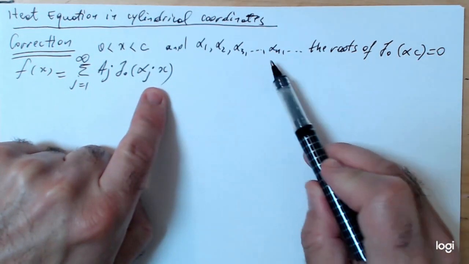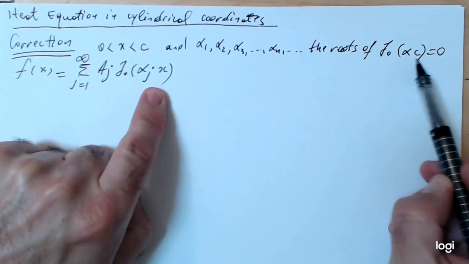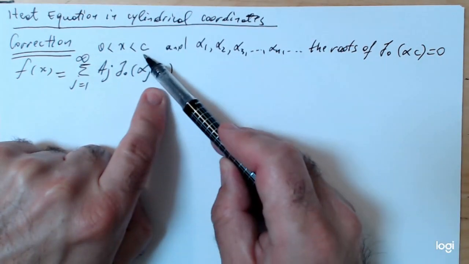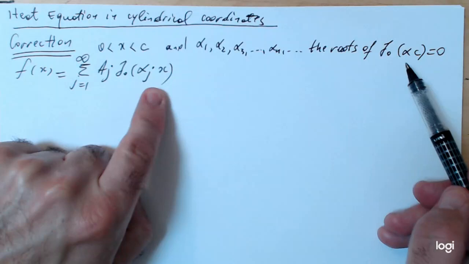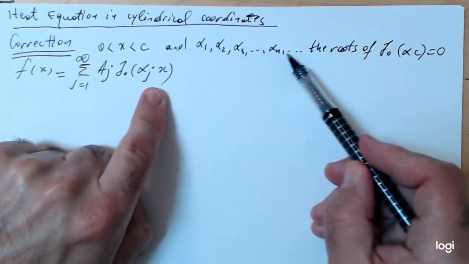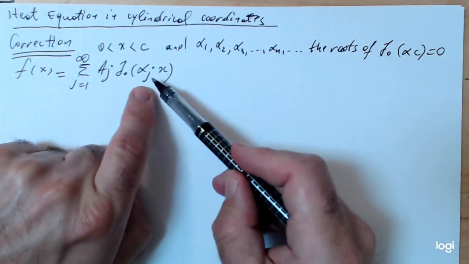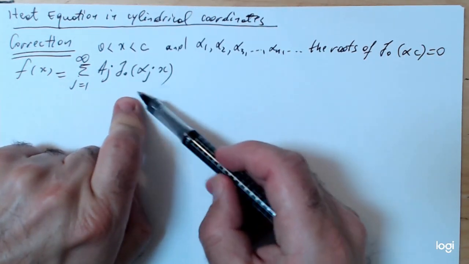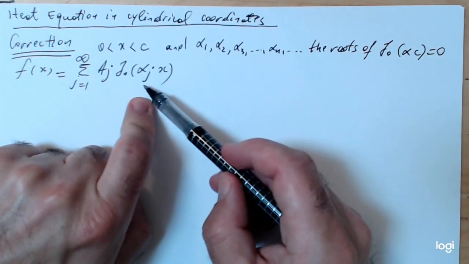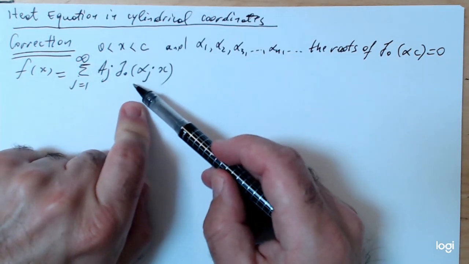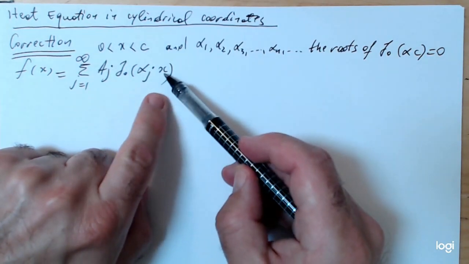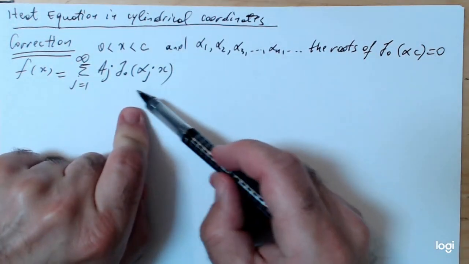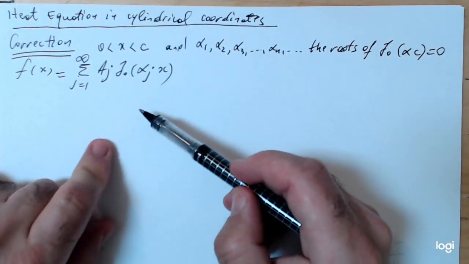The alpha j's are the roots of this equation, where c is the right-hand side of the interval. Once you have these roots, you have the corresponding Bessel functions, which end up being the eigenfunctions for the Sturm-Liouville problem when you replace c with x. So the alpha j's are the roots of this, and these will be the eigenfunctions.